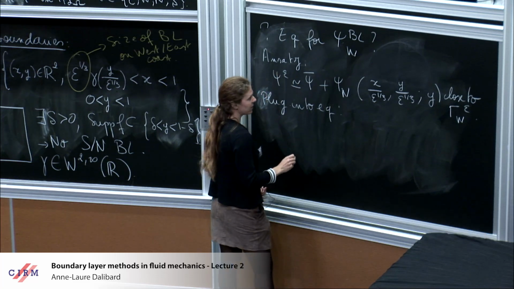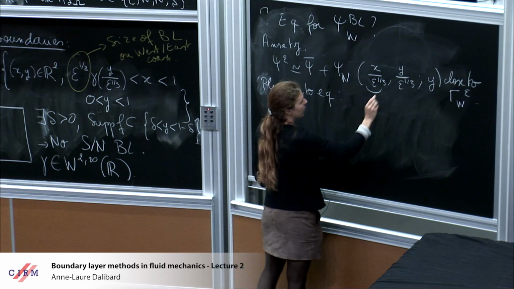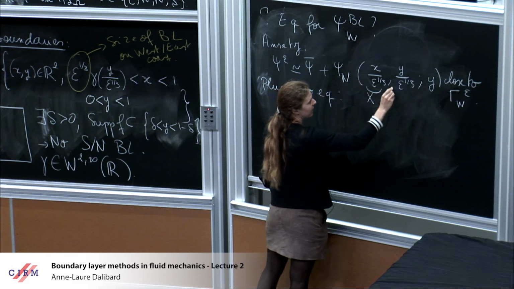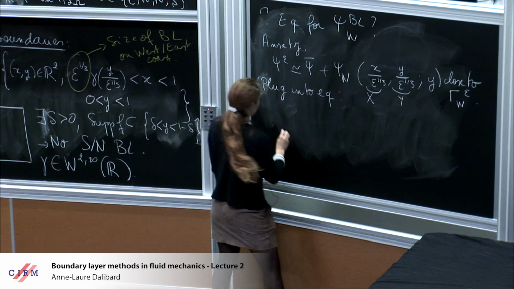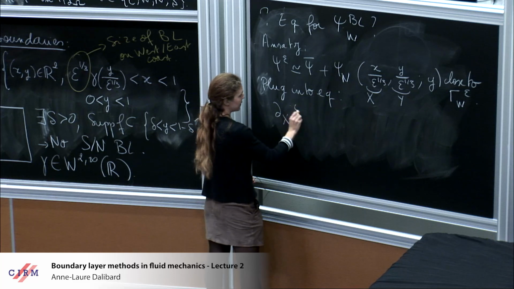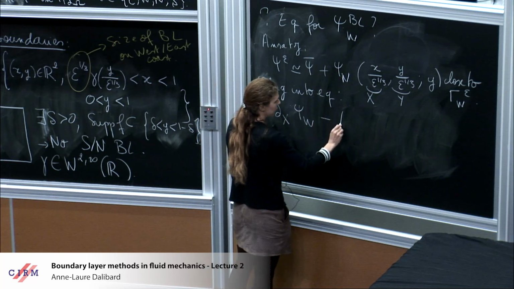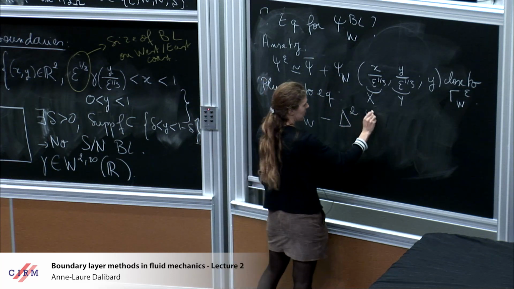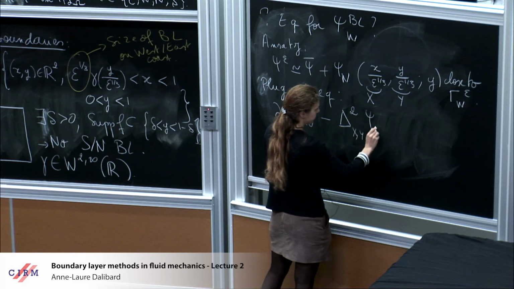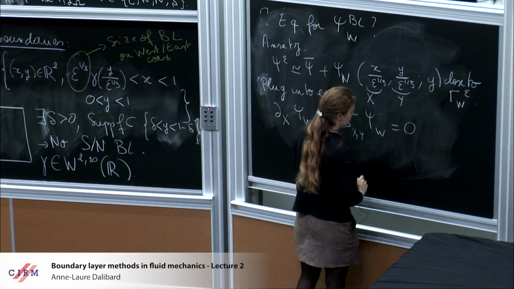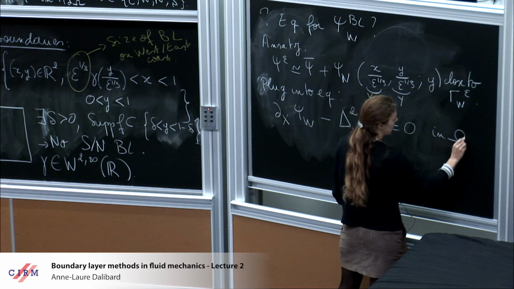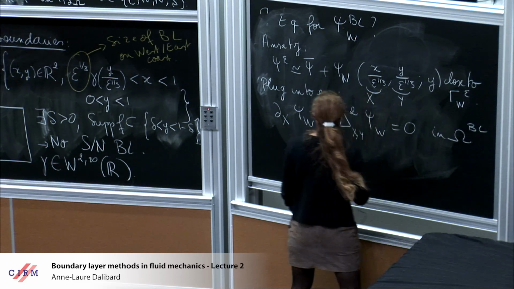And what you get is the following. Let me denote this fast variable capital X and this one capital Y. So you obtain dx psi w minus the bilaplacian with respect to x and y of psi w equals 0 in a domain that I will call omega BL.